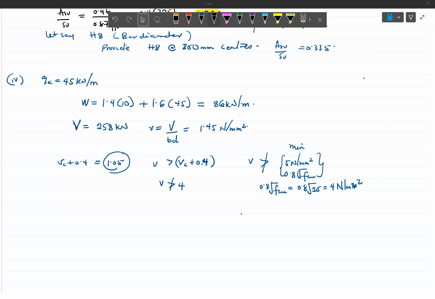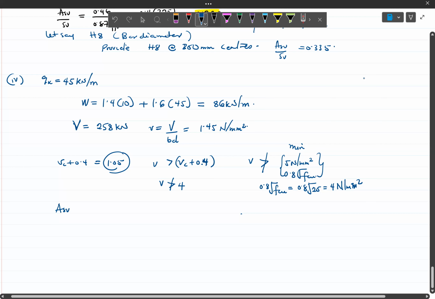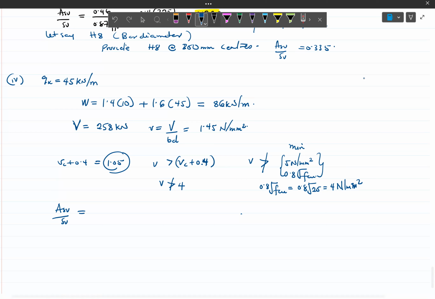So here, since our V is more than VC plus 0.4, our ASV over SV will become the third equation, which is B into bracket V minus VC over 0.87 FYV.